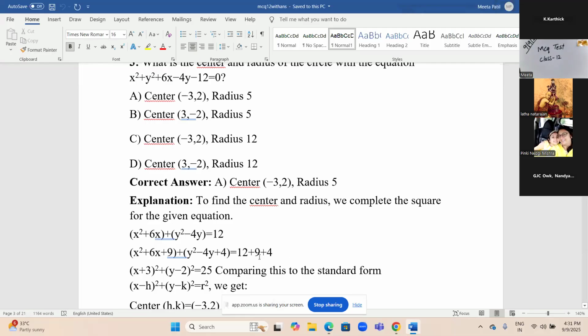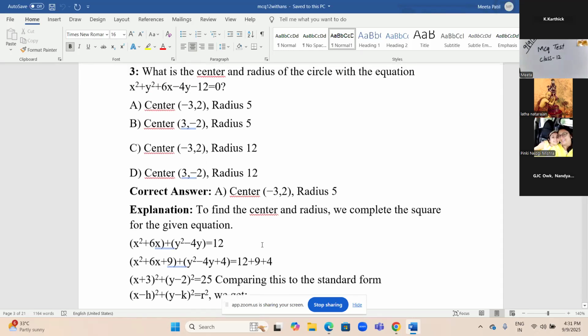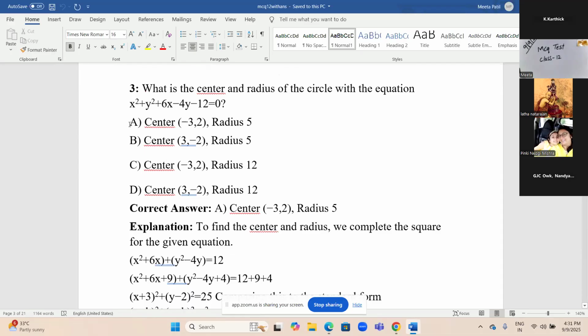After that, in terms of squares, we get (x + 3) whole square plus (y - 2) whole square, which is equal to 25. So according to this we get the center as (-3, 2) and the radius is 5. Okay, so for this one option A is the correct answer. The center is (-3, 2) and the radius is 5.